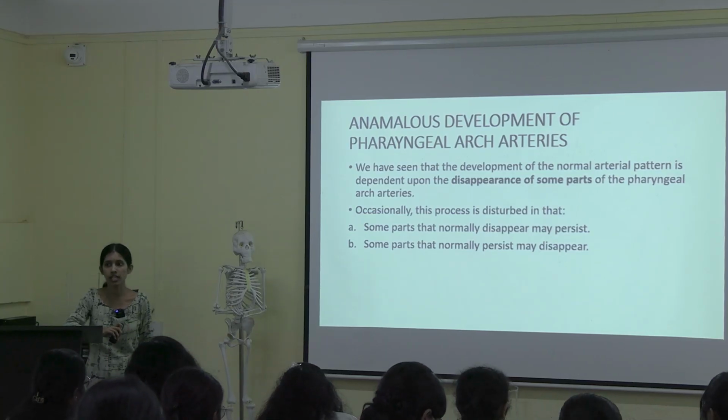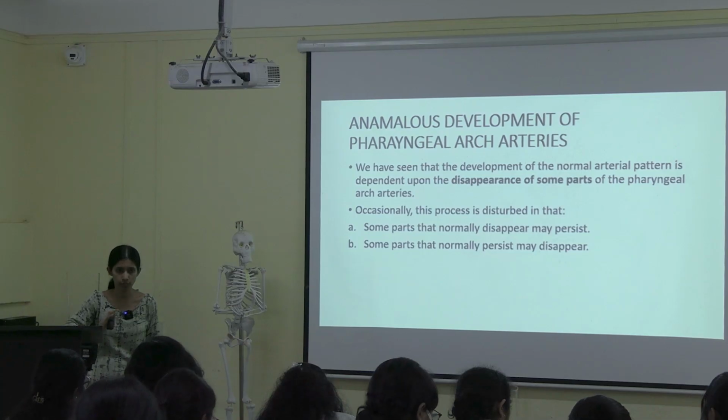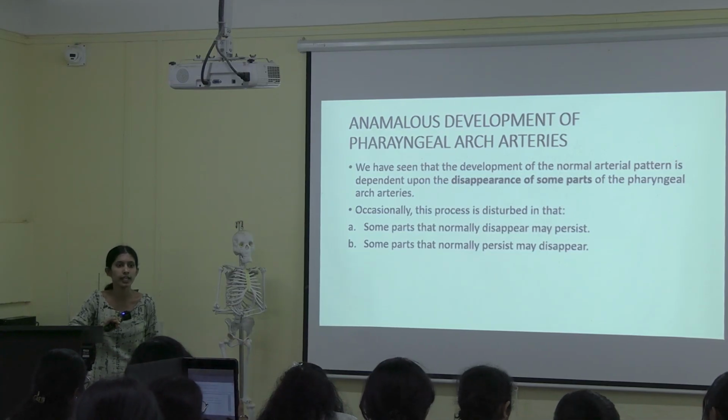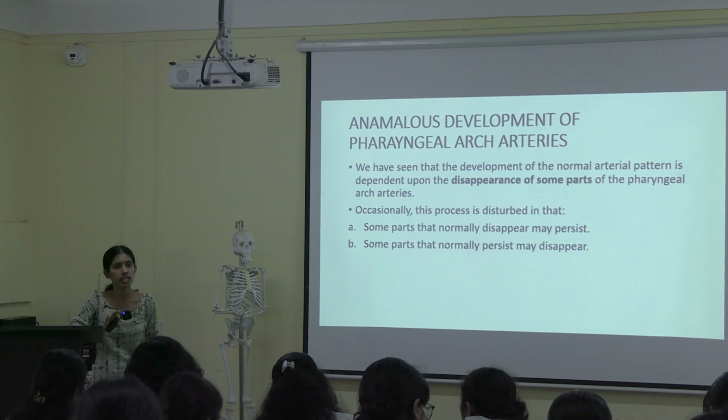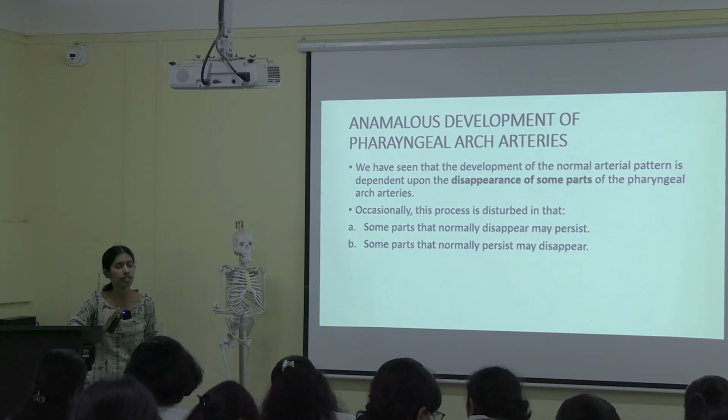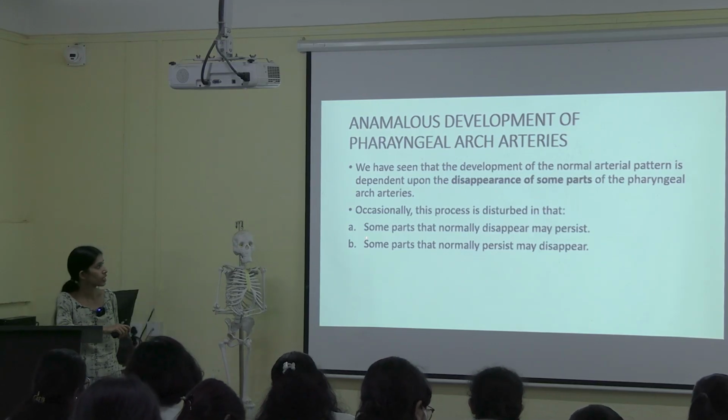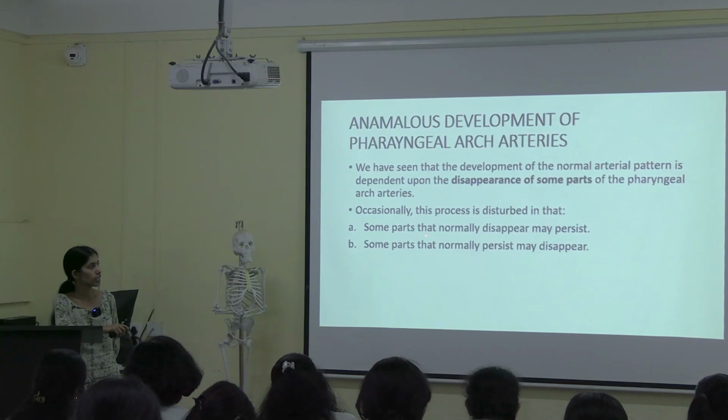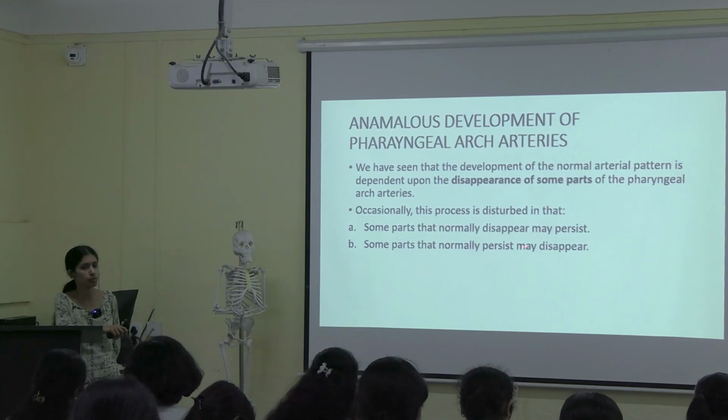While discussing in the last class, or in the last week's session, I told you that the disappearance of the first, second and also the fifth pharyngeal arches will take place, whereas only the third, fourth and sixth will remain. Right? So, occasionally this process is disturbed in that some parts that normally disappear will persist and the parts which normally persist may disappear.